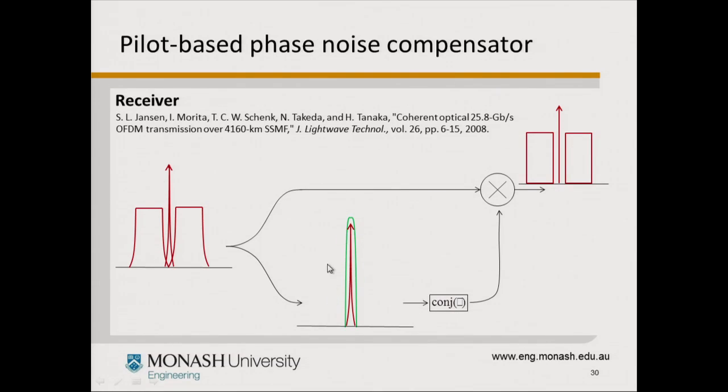You remove the pilot with a low-pass filter, and by doing that, it becomes very easy to get the phase information on that pilot, and then you multiply the phase information of the pilot with your original signal, and that compensates for the phase noise on your signal because you assume that the sidebands have the same phase information as the pilot.